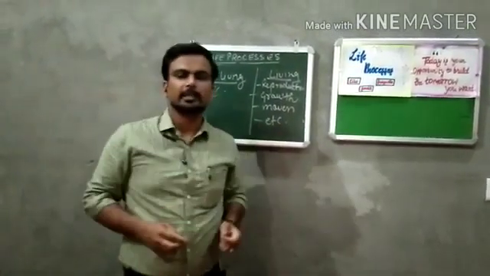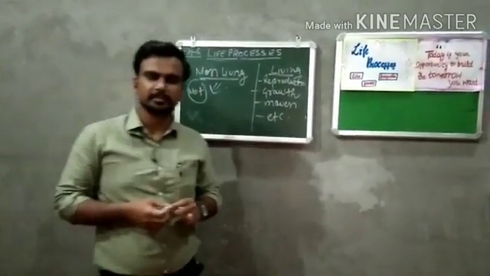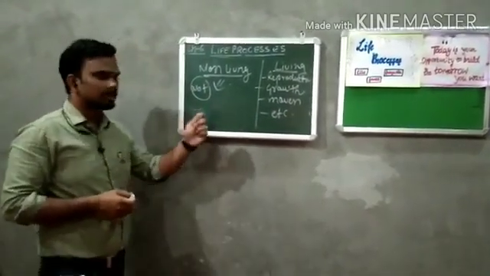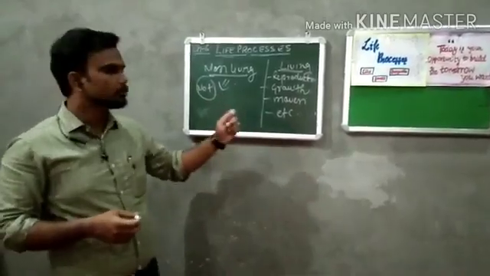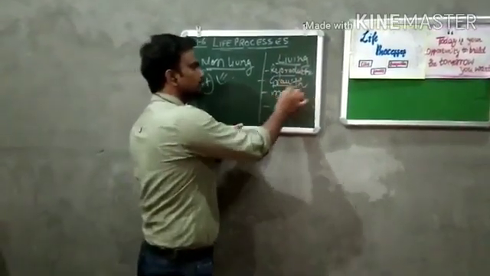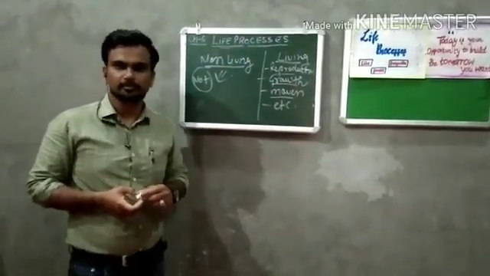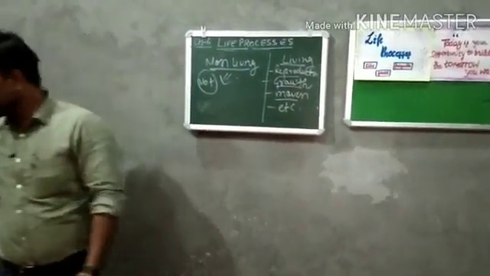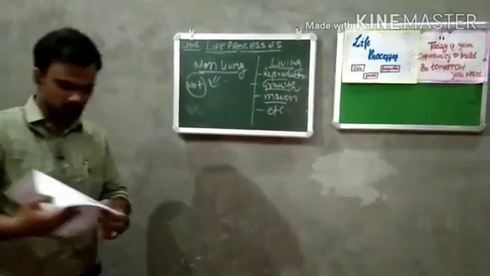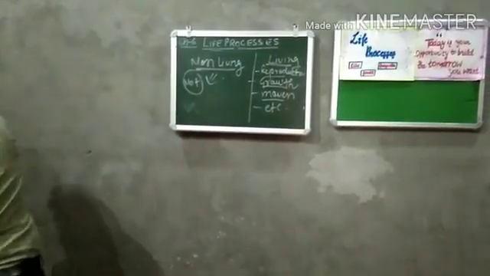So you can simply differentiate: non-living things are those which do not perform any of the functions which are performed by living organisms. So our next topic is nutrition.